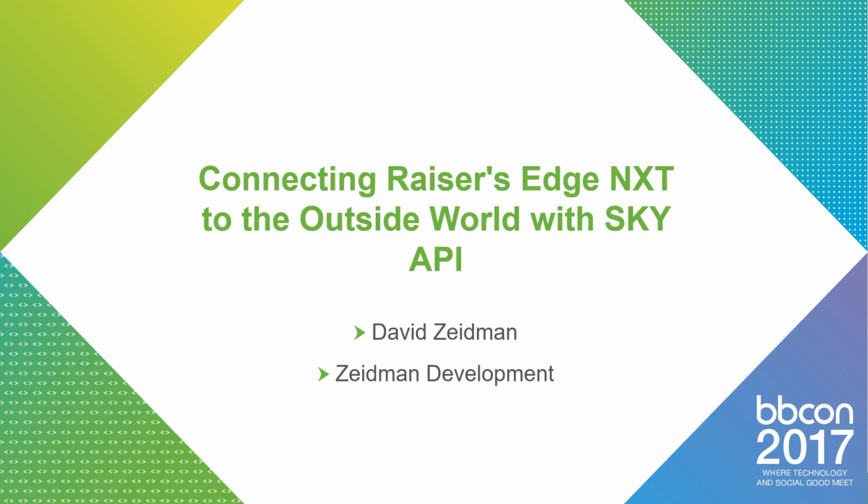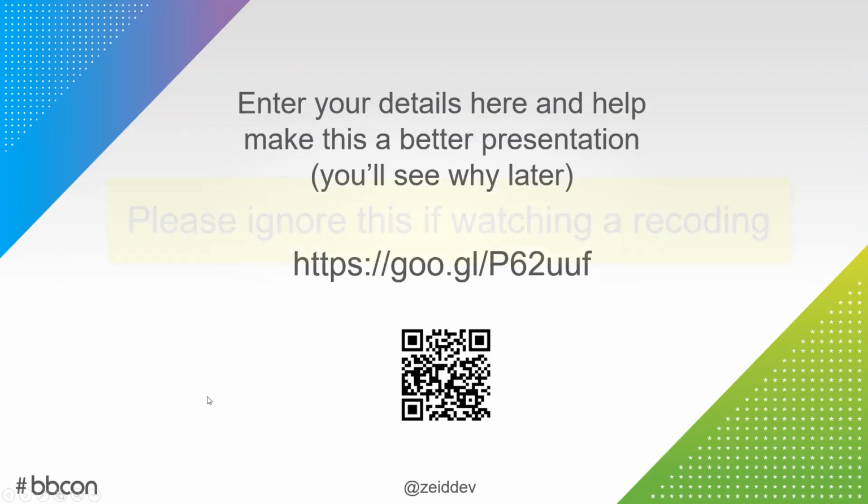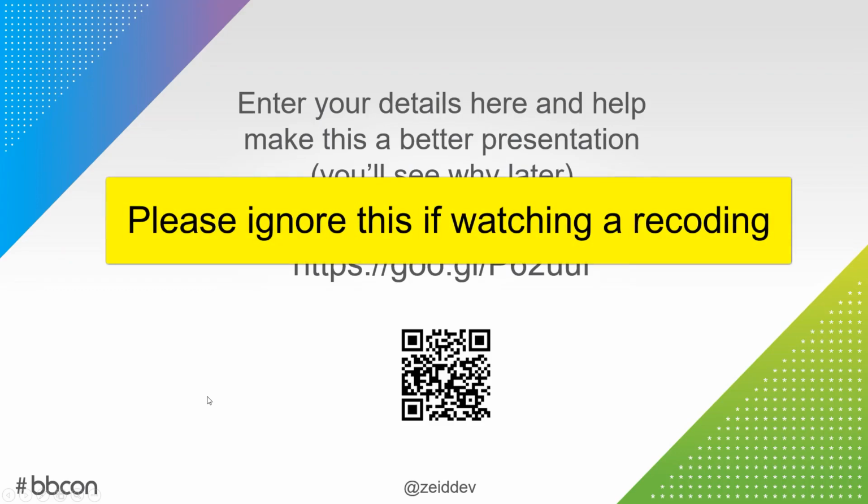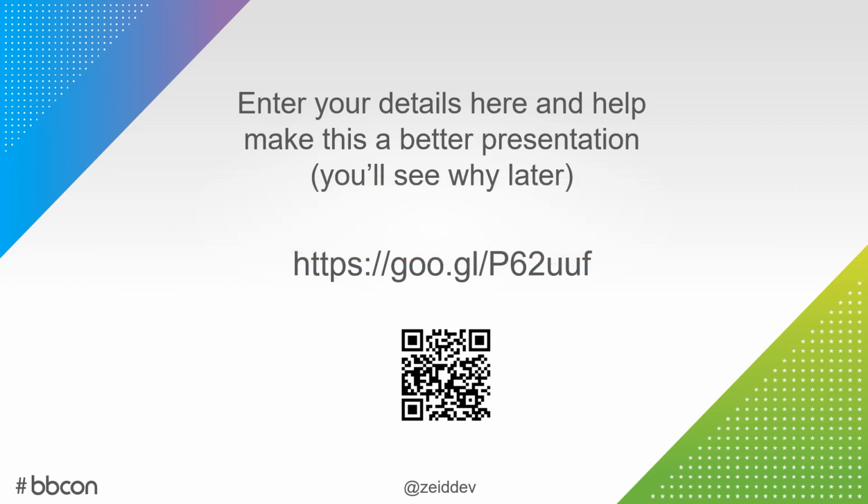Now, the first thing I'm going to ask you to do is, if you're able to, please go to a browser and go to that URL, or if you have a scanner and you want to use the QR code, please do so. And just enter some very simple details about yourself in there. You'll see why later.